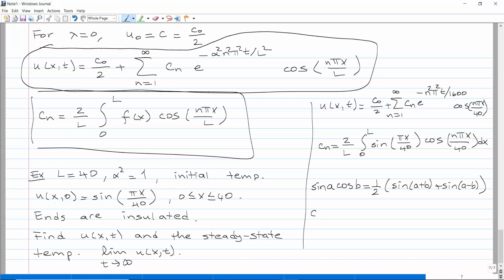So for C0, I have 2 over L, integral from 0 to L. Since n is 0, I have cosine of 0, which is 1. So all I have is sine of pi x over 40. The antiderivative of sine is minus cosine. What is L? L is 40.